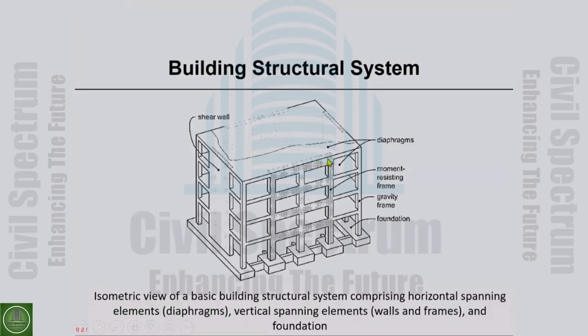So the lateral force resisting system in one direction consists of this frame, and in the other direction the shear wall. Everything else is gravity framing. You remember, those are structural elements that are considered not to be part of the seismic force resisting system. So the figure marks the diaphragms, moment resisting frame, gravity frame, foundation, shear wall.